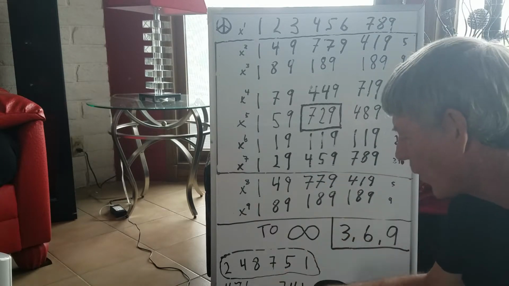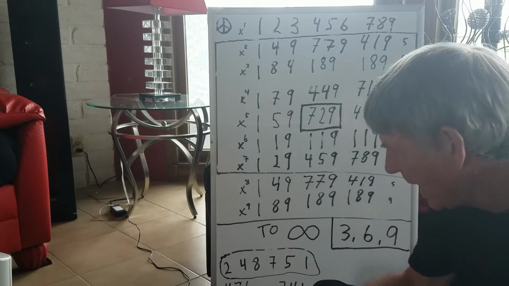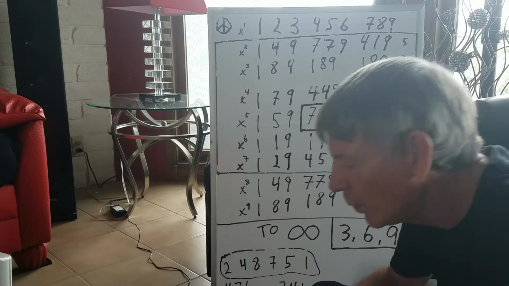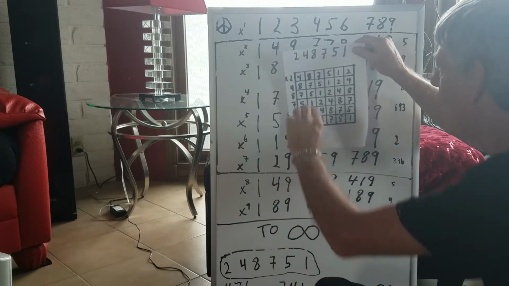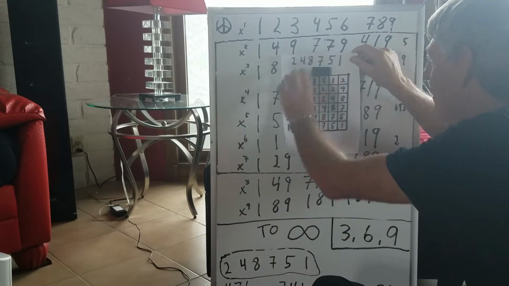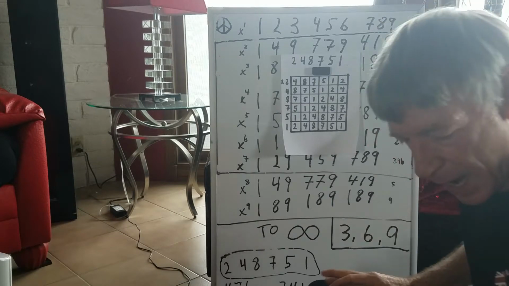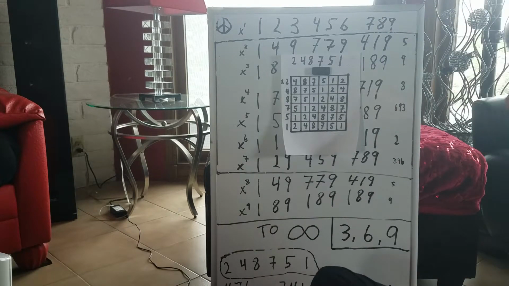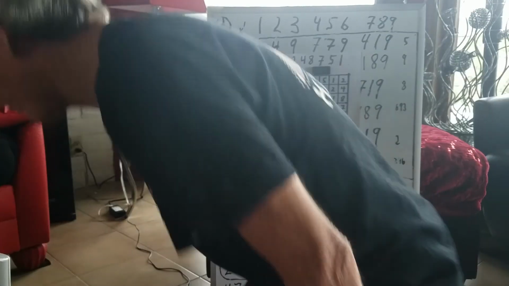And 471 and 741, it's how numbers increase by 3 and increase by 6 respectively. But on to the topic of today's discussion, which is my code, 248751. Now when I say it's mine, I don't own anything. I'm just an observer of the universe, and this is the universe talking to us. So we're both in this thing together.